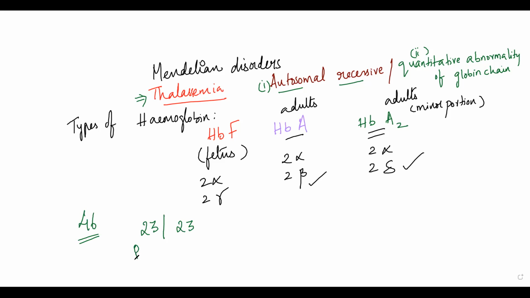Among these, 22 are autosomal chromosomes with one sex chromosome, and from the father, likewise 22 autosomal chromosomes with one sex chromosome. What I have written here is actually a male, resulting in 44 plus XY. It's going to be a male child.